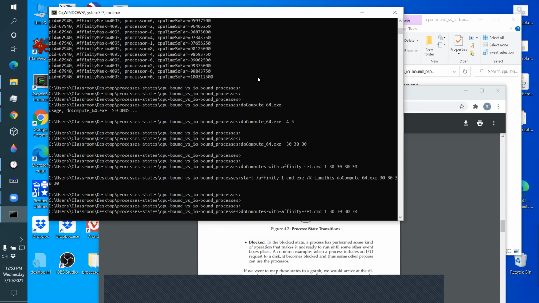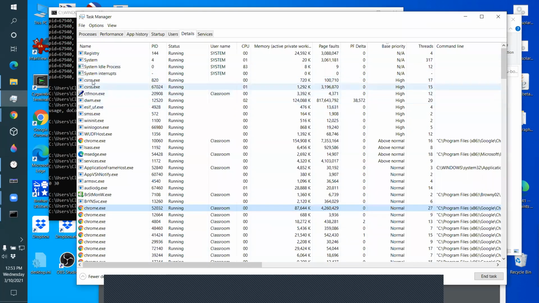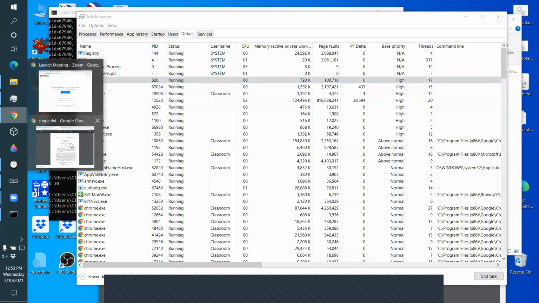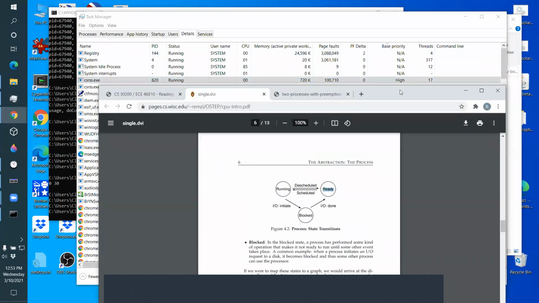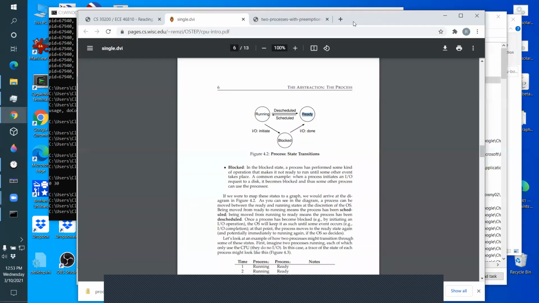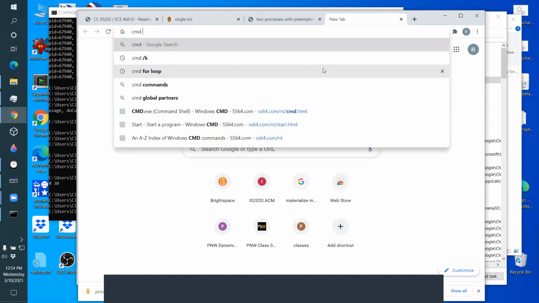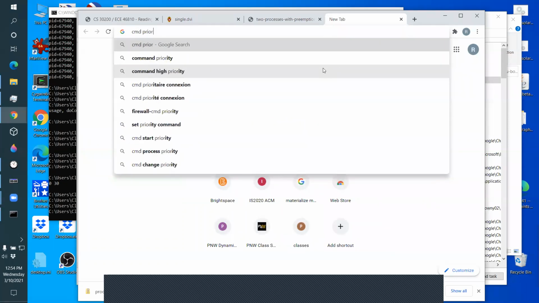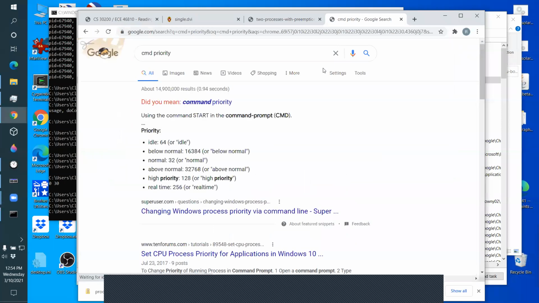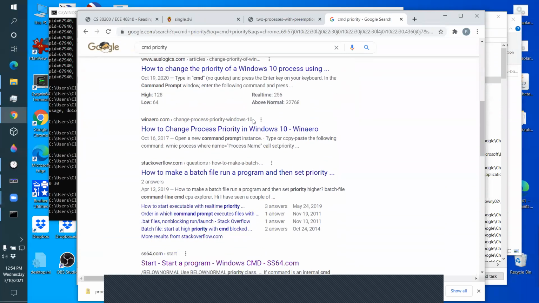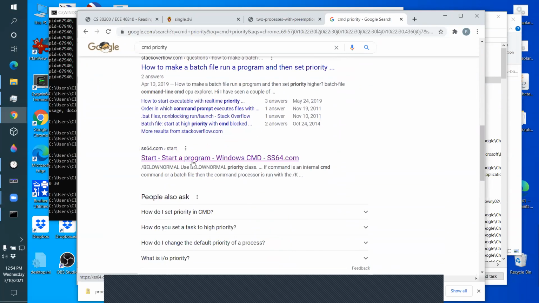Probably can. The fact that you can go in the Task Manager and set the affinity and set the priority means I think you can do it from the command line also. Whenever I'm interested in knowing what you can do from the Windows command line, I've linked to this before, here it is, this website here.